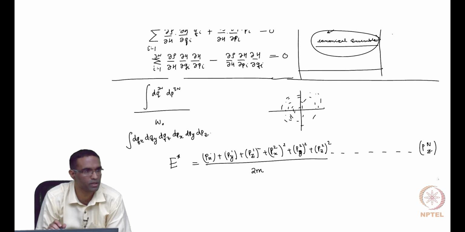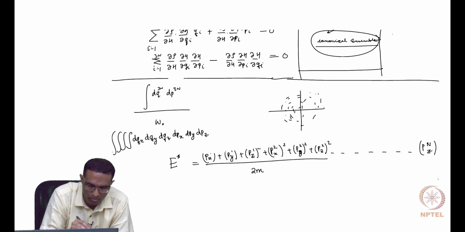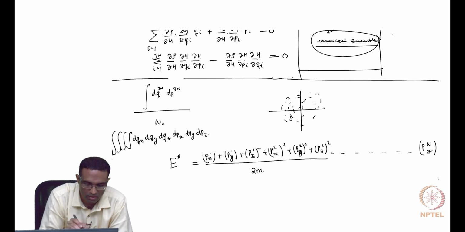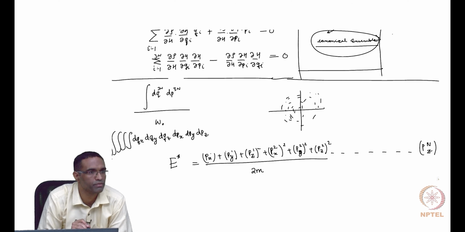This is the only possible thing, and this is over all allowed possible values of p and q. So I can split it separately because there is nothing else here, right? Can I split it or not?